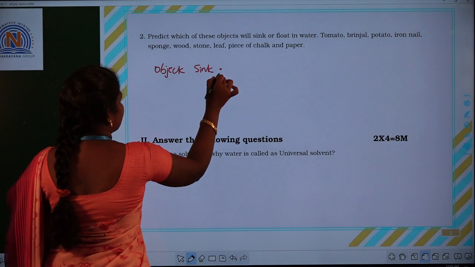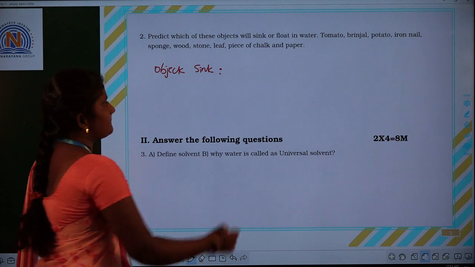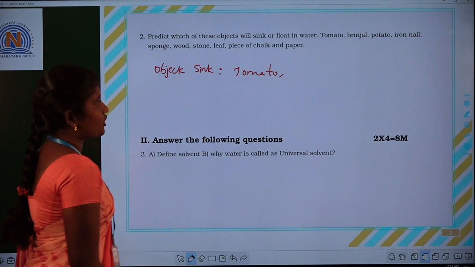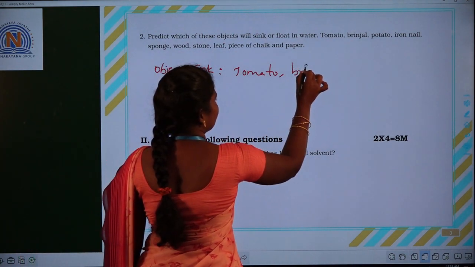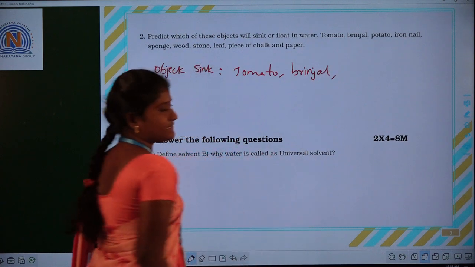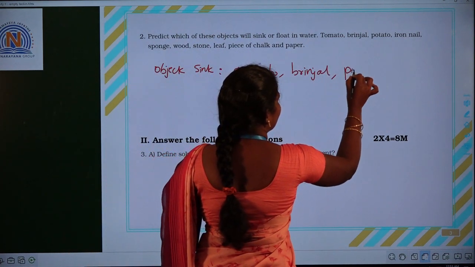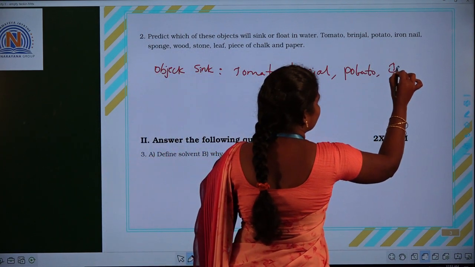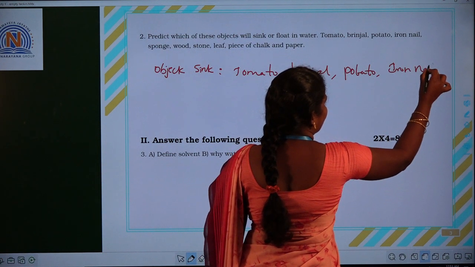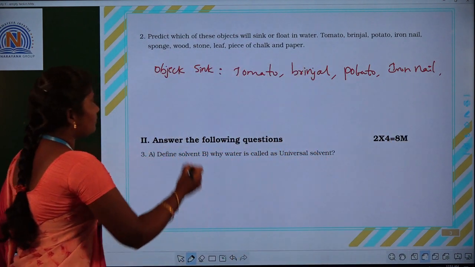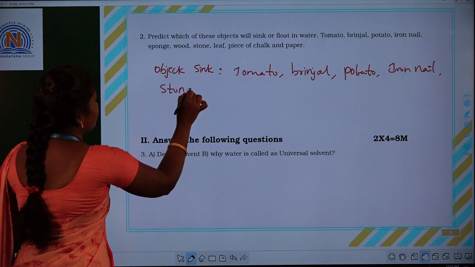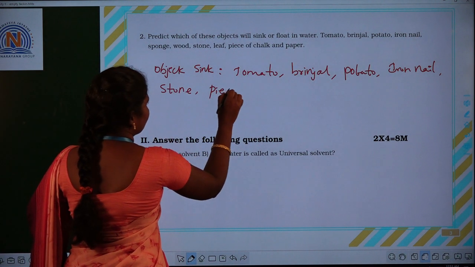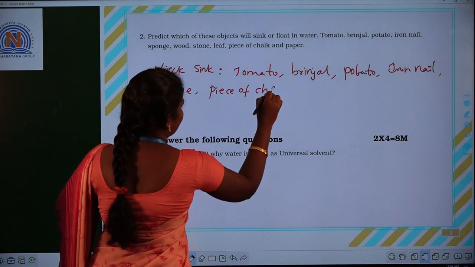The objects that sink are tomato, brinjal, potato, iron nail, stone, and piece of chalk.